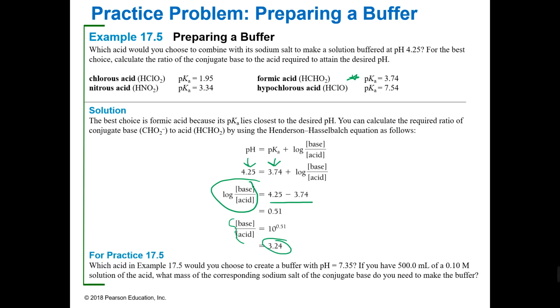So once you have that, you can see that this is going to be maybe your best bet, maybe not. Maybe the nitrous acid would be better. But the pKa in this particular case does lie closest to the pH that you want.